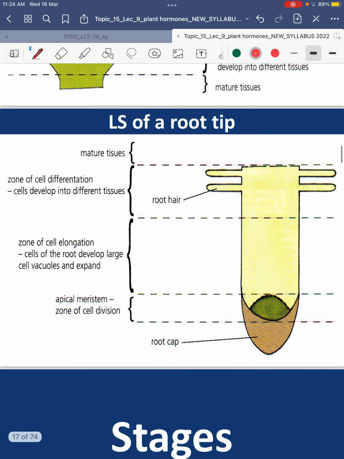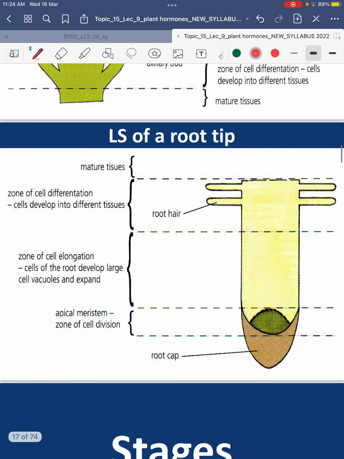Okay, the same thing with the root tip. Okay, shoot tip and root tip, it has the 3 different zones. The only thing about the root tip is that it has the root cap, which provides protection from the actively growing or dividing cells from becoming damaged as it burrows into the ground.